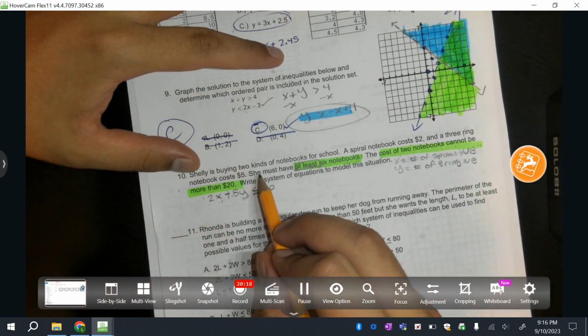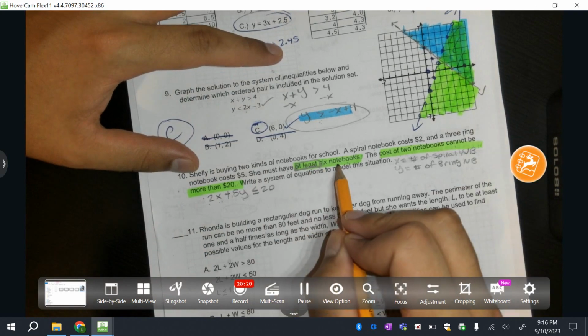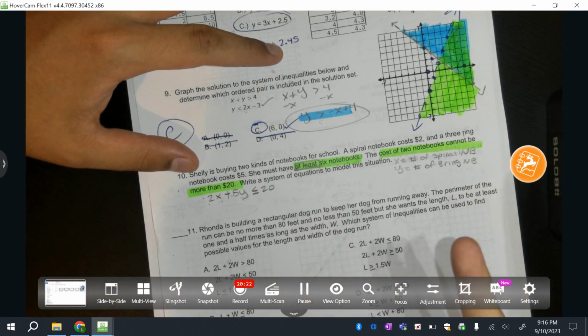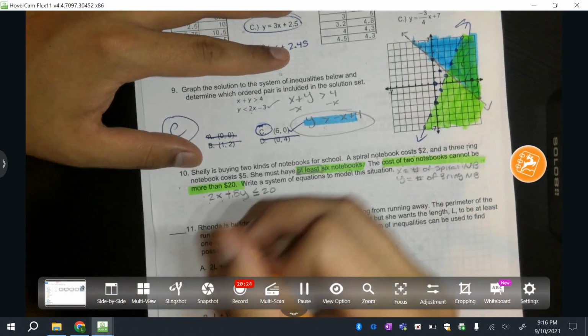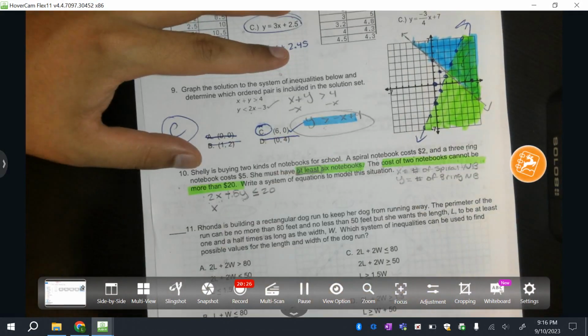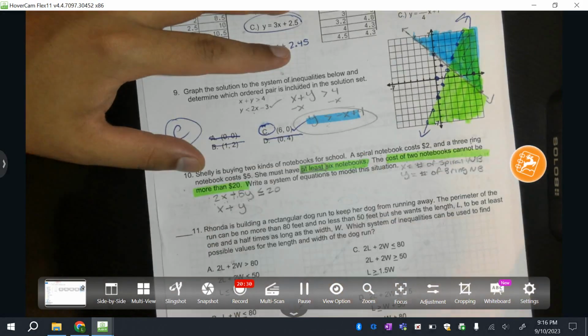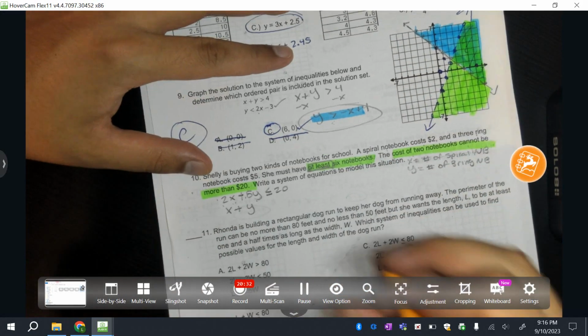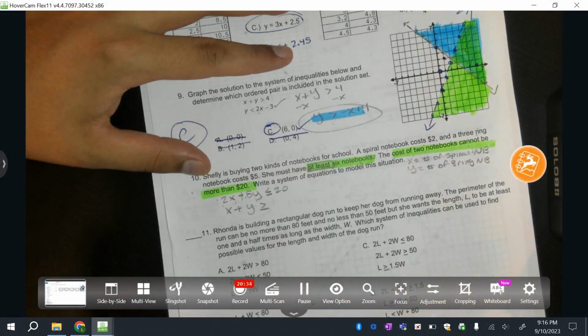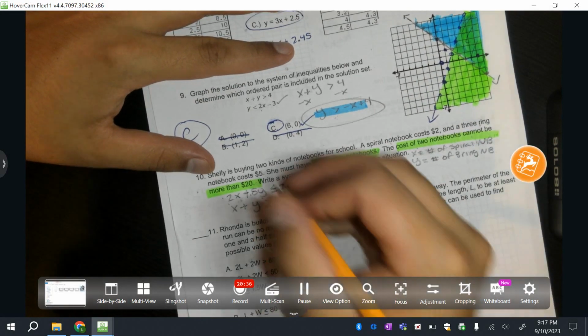Right, so now she must have at least 6 notebooks. This one's talking about both notebooks together. So her number of spiral notebooks plus her number of 3-ring notebooks have to be at least 6 notebooks, so greater than or equal to 6.